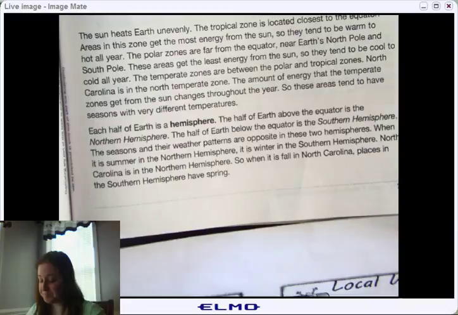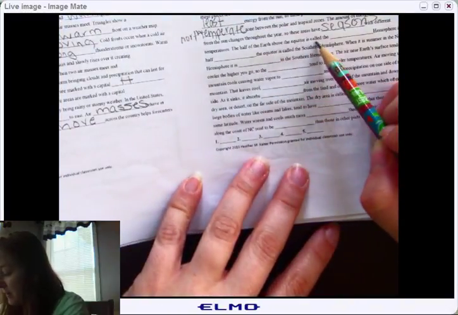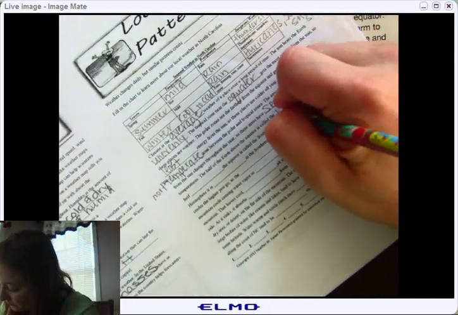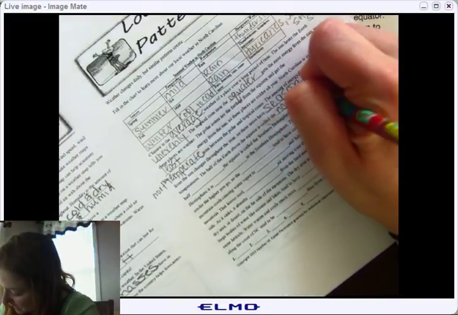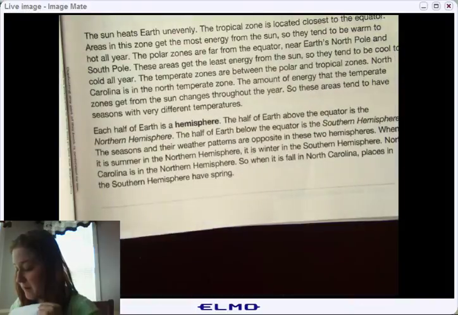have spring. So if you look down here, it says half of the Earth above the equator is called the what hemisphere? We are in the northern hemisphere, and the half below the equator is the southern hemisphere.